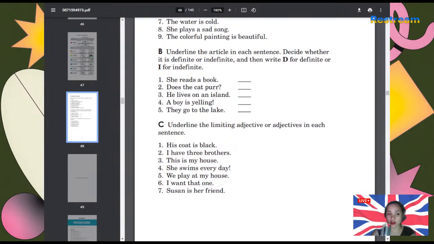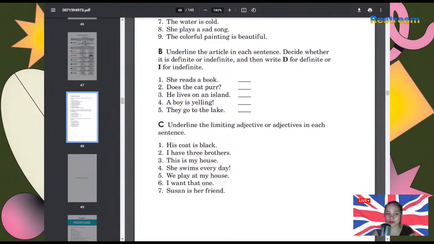So that is the. Because we have here the cat. So the definite, it is, sorry, I already gave the answer. The is definite.